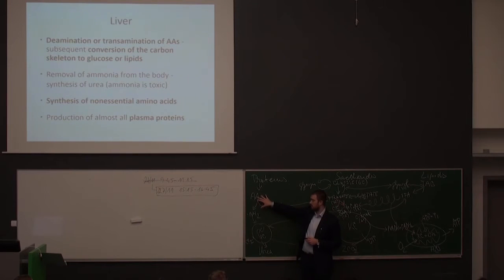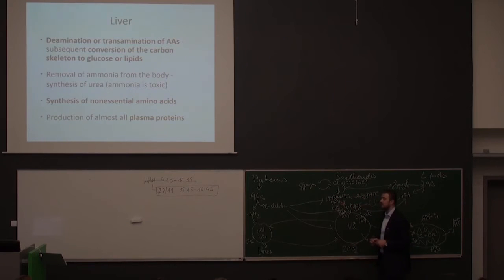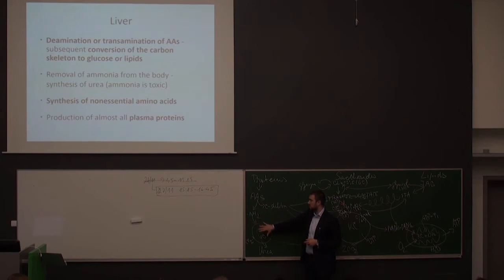You have amino acids, you produce from them a carbon skeleton and urea as the waste product. The whole urea cycle is inside the liver. That means that if you have liver problems, some liver disease, one of the results will be the disbalance of the whole amino acid metabolism.